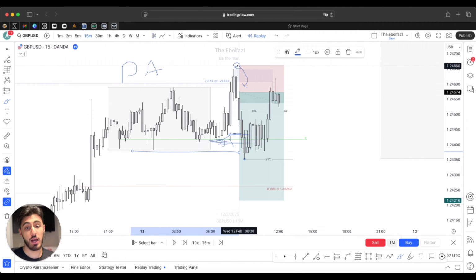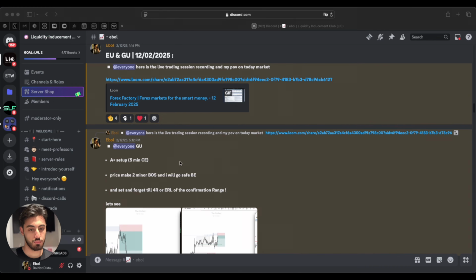This is so important. Now let's dive into this trade. I'm going to show you guys how I shared this trade in my private Discord, and I'm going to talk about that one. So this is the private Discord that I have, Liquidity Inducement Club. Every day in this Discord, I share my trade ideas as a video, and I share my before and after the entry.